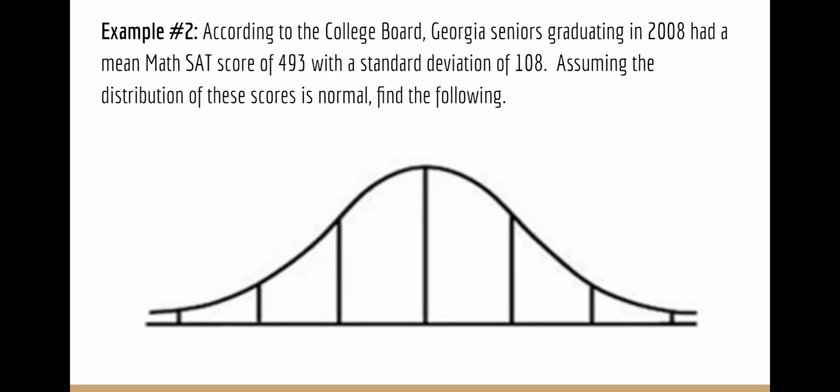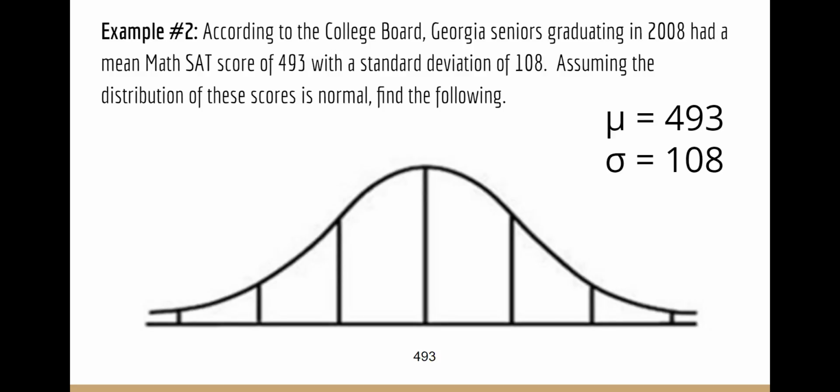All right, welcome back. If you went ahead and filled in this bell-shaped curve, go ahead and check your answers along with me. So the mean, or mu, is 493. The standard deviation is 108. So the mean, which is our middle number, is 493. Then I just add 108 every single time to get my next standard deviation.